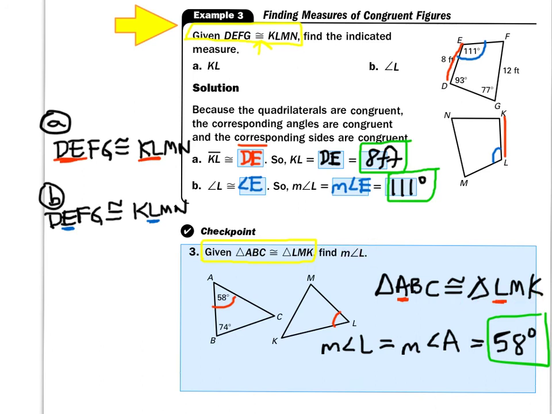And since they want me to find L, I used my red and I underlined L, and I saw that it matched A, the first letter. So I marked angle L and I marked angle A. And then they told us the measure of angle L has to equal the measure of angle A because they match. And since angle A is 58 degrees, angle L has to measure 58 degrees.